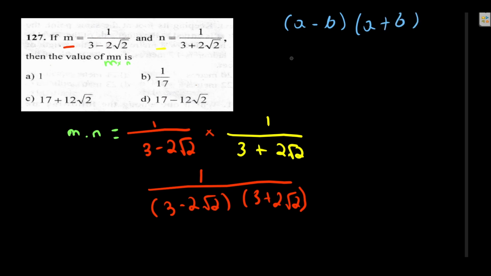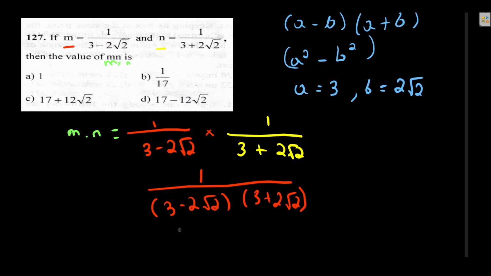Now if I simplify this, that will be a square minus b square. So this formula simplifies our work. We can take a equal to 3, which is the first term, and our b would be 2 root 2, as you could see.